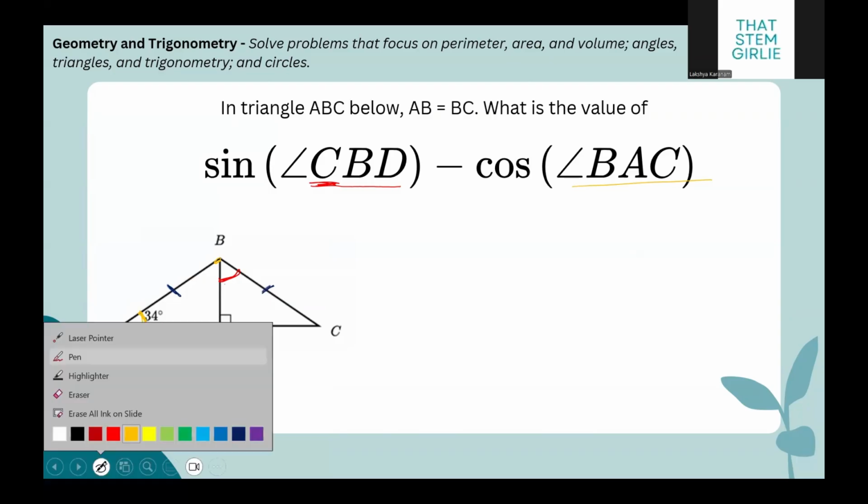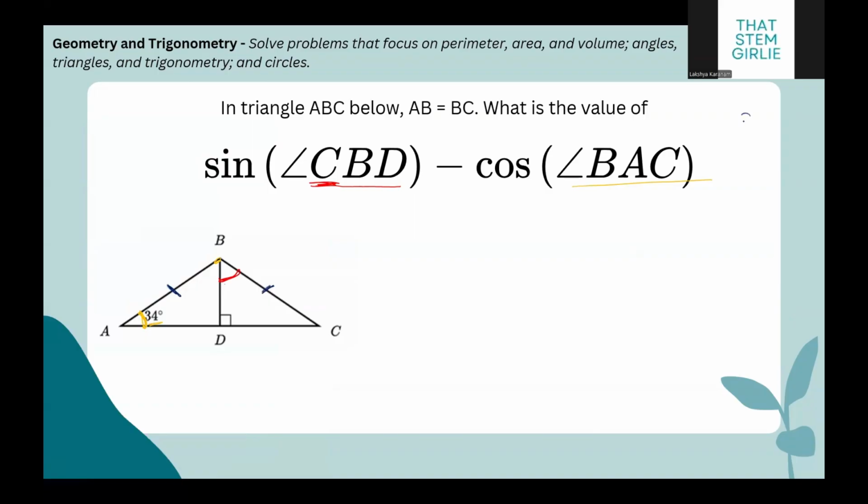So first of all, if you don't know, SOHCAHTOA, super important. Basically, the sine of some angle, let's just call it theta, is equal to the side length opposite to the angle divided by the length of the hypotenuse of that triangle.